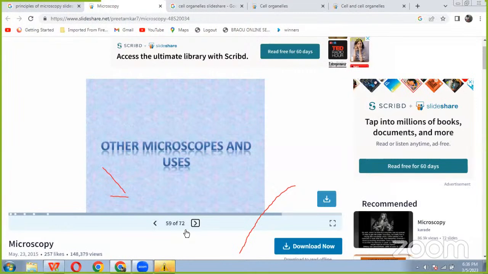And next one, in TEM electron beams are used. This is very important. Mainly, electron beams are used in TEM. Okay, electron beams are used in TEM. And next one, the light microscope uses glass lenses, whereas in TEM electromagnetic lenses are used. Mainly electron beams and electromagnets they can use in the transmission electron microscope.